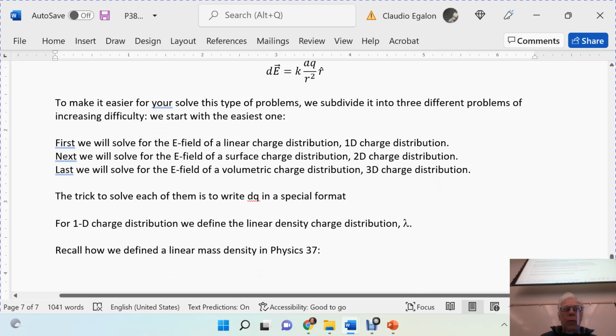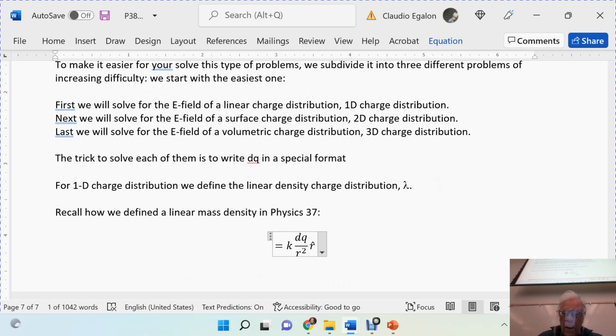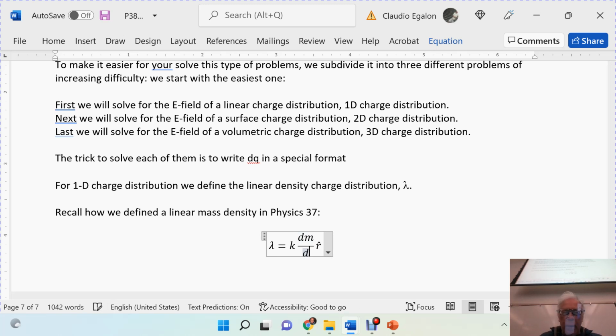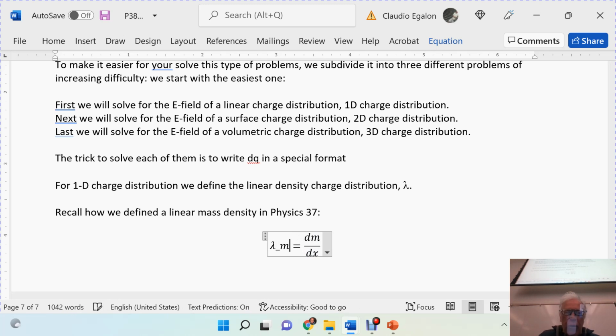We also use the letter lambda. But how do we define it? We define that as being dm divided by dx, right? And I'm going to put a subscript m here just to differentiate it from the charge distribution.